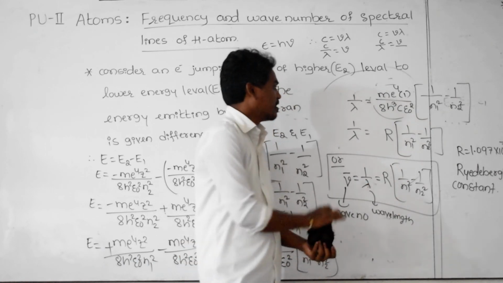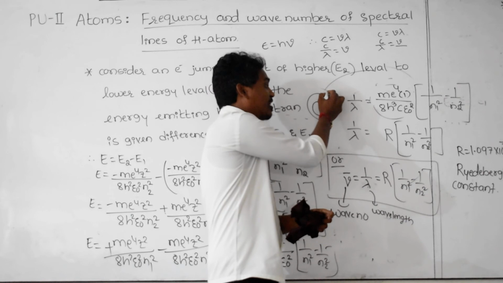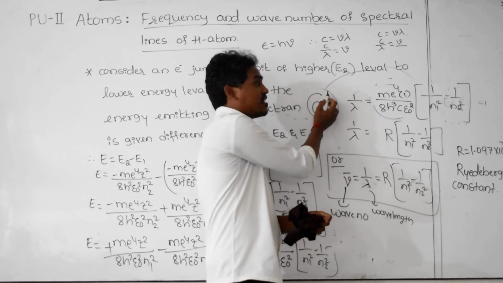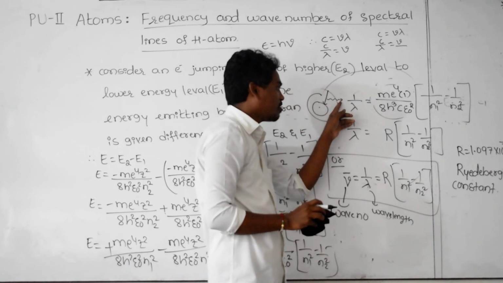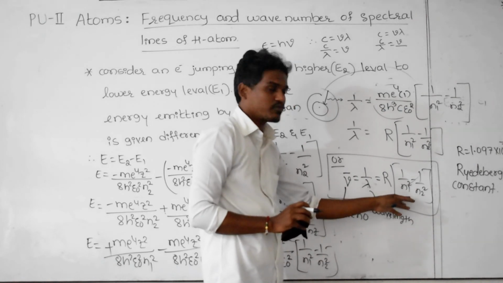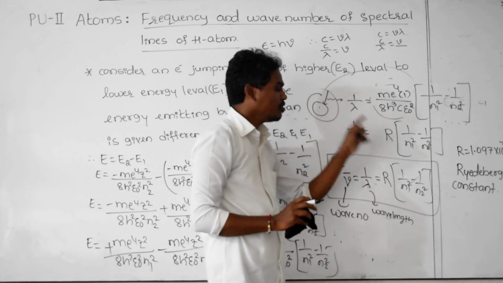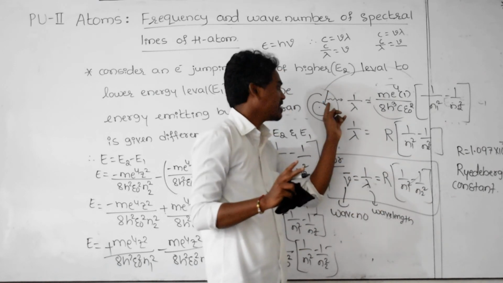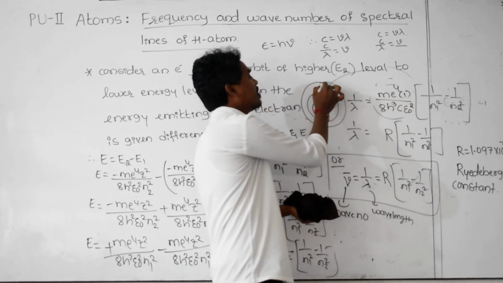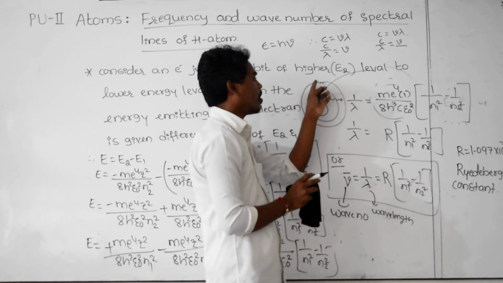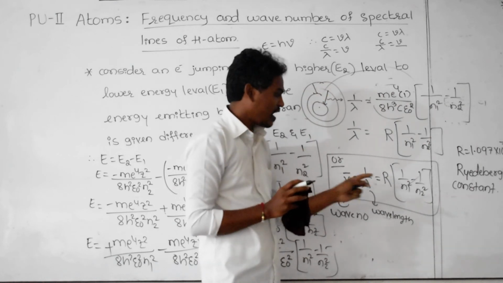Let us consider here, this is the atom. If the electron is jumping from second orbit to first orbit, it is emitting radiation, and its wavelength or its wave number can be calculated by using this formula. It is taking the transition from second to first, means n2 is equal to 2, and n1 is equal to 1. Or if the electron is taking the transition from third orbit to second orbit, n2 becomes 3 and n1 becomes 2, and this value is constant.